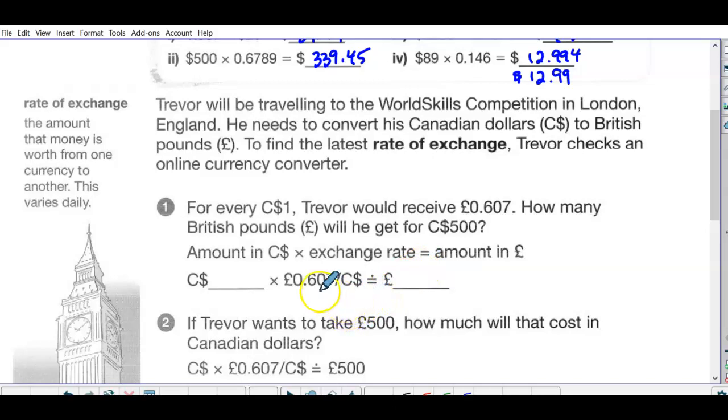All right, so in this case, they've given us the exchange rate. 1 Canadian is equal to 0.607 British pounds. So he has 500 Canadian, and so we multiply through. And you can kind of see in terms of the units, British pounds per Canadian dollar, and we're multiplying by Canadian dollars.